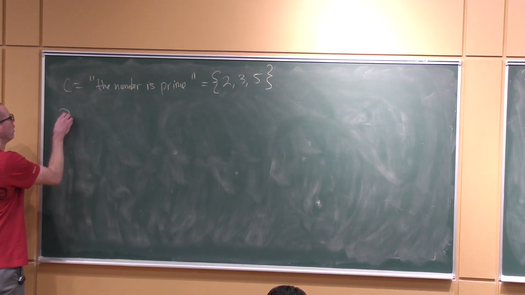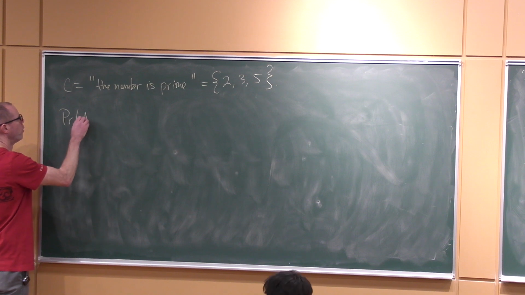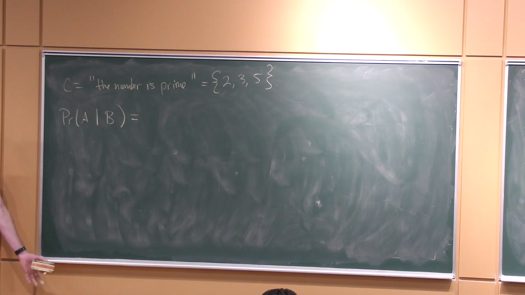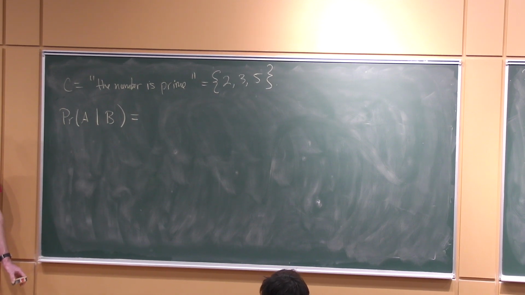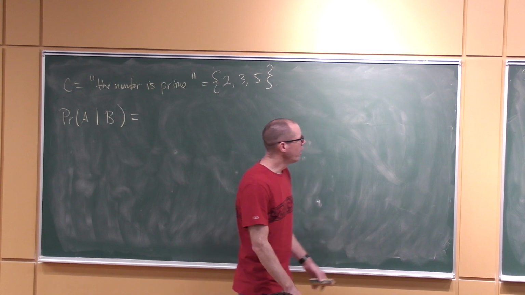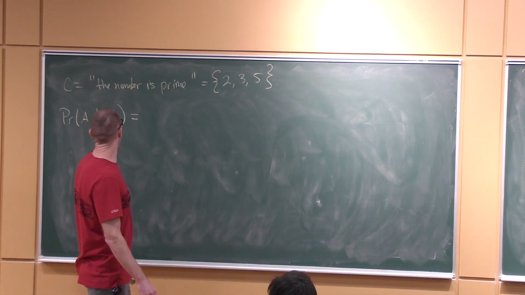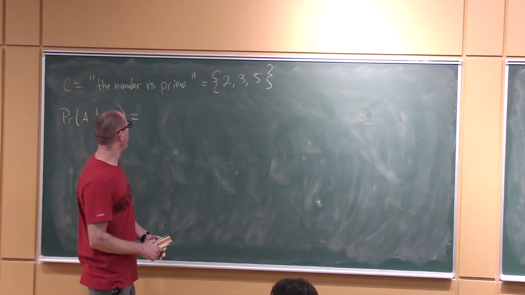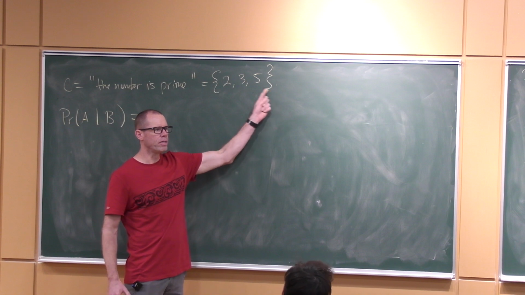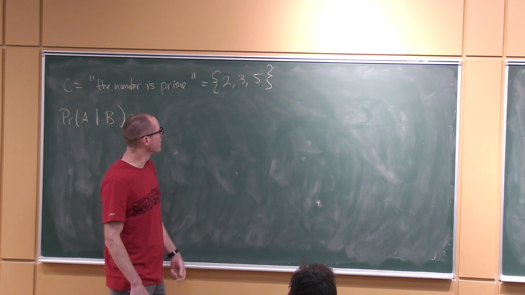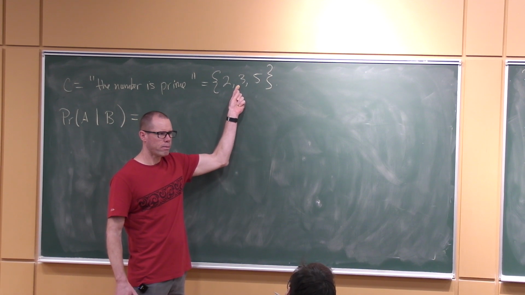So I can check what's the probability that I roll a 3 given that I roll a prime number. What's the answer? Yep. Should be 1 out of 3, right? Just following what we did here, there's 2 things that make this work. The 3 comes from the fact that this is a set of size 3, so the 1/3, and it's not 0 because 3 is actually in that set.